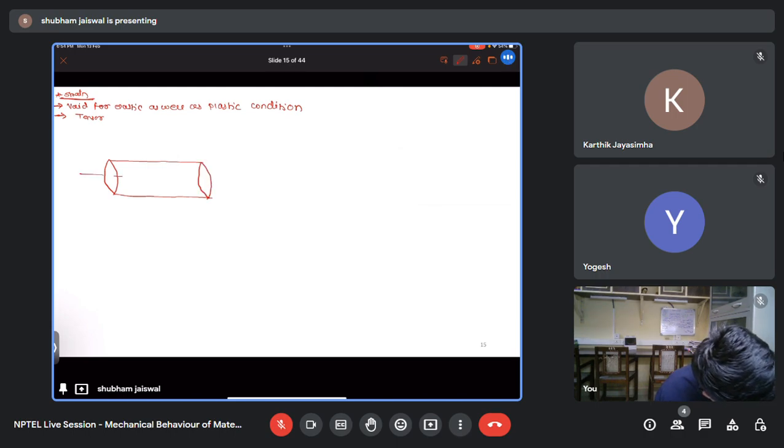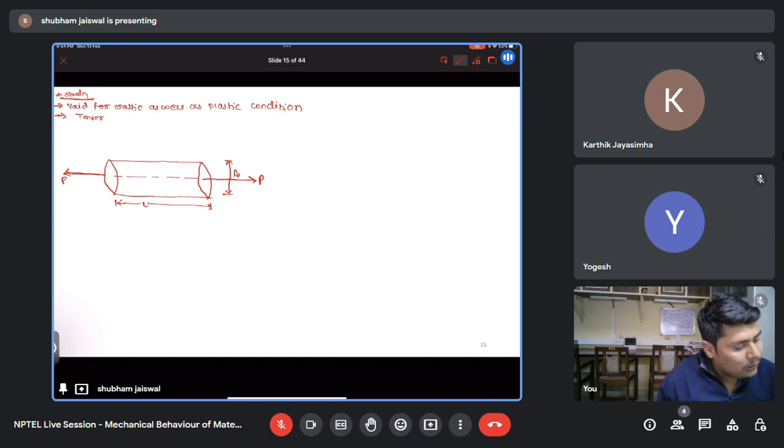So now just assume you have one cylinder. This is its center, with length L and diameter d naught. Now if you apply a force P on this cylinder, what will happen? It will elongate like this.